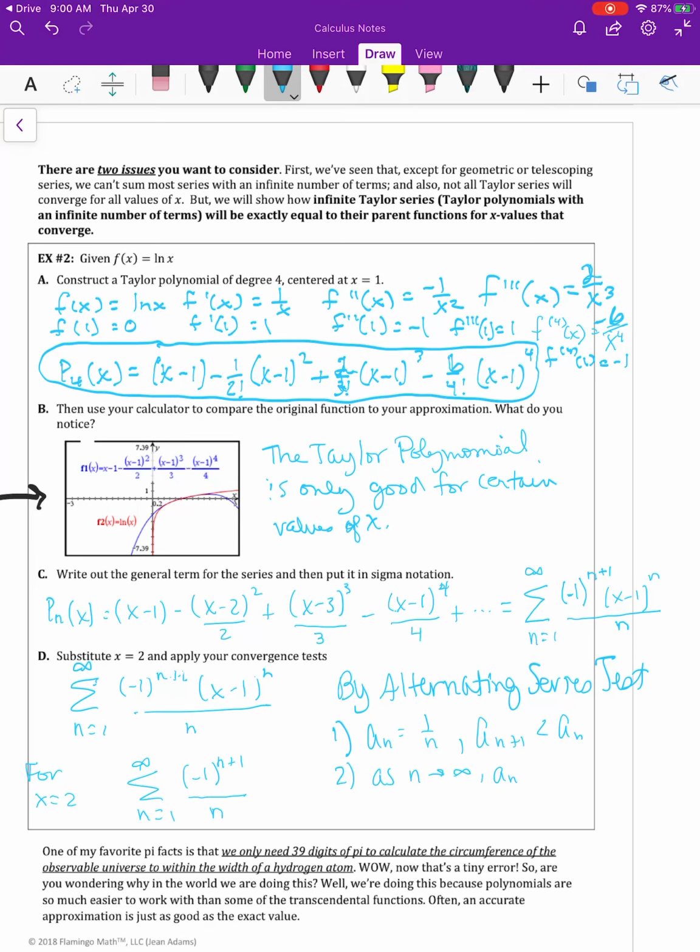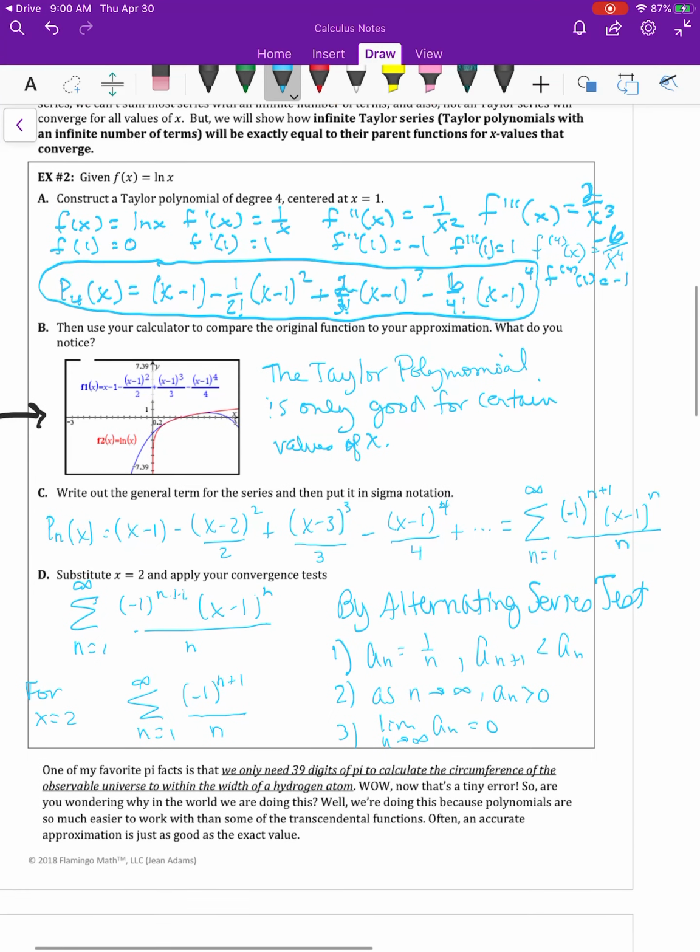Number 2, as n goes to infinity, a sub n is greater than 0.